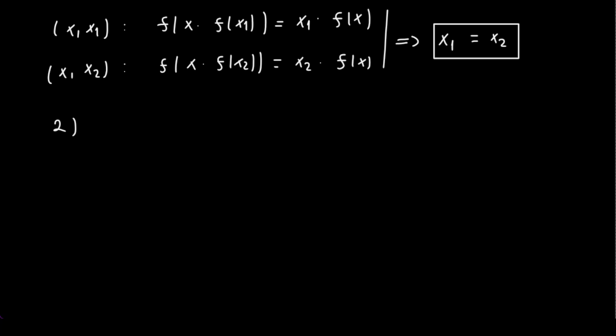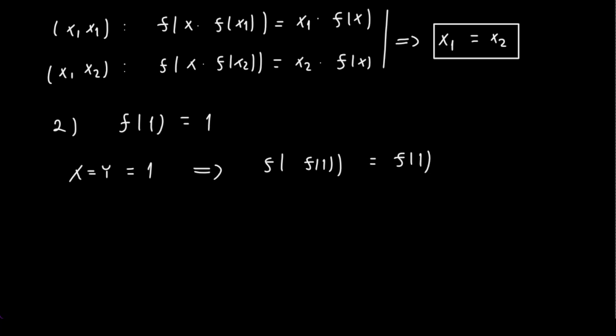Second, I will look at the general form for fixed points. First of all, I will show that f(1) is 1. Why? Because if we consider x and y equal to 1, I will have that f(f(1)) is equal to f(1), and from injectivity I will have that f(1) is 1.